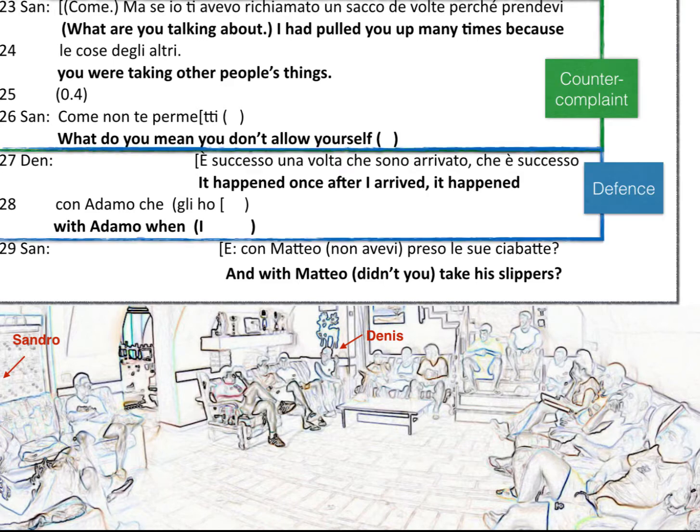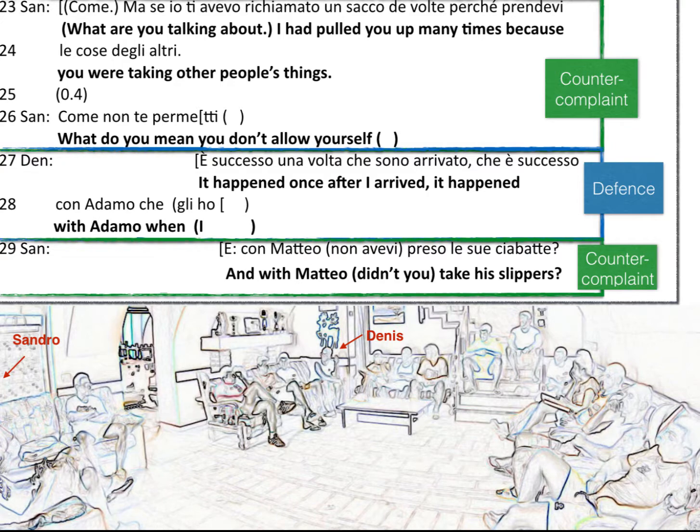Okay. So, we are getting into that back and forth. We are going to see that this episode is not going to end as the previous one, though. That's why I've got this example to show a different pattern. But they're moving towards an escalation, effectively. Complaining and counter-complaining.